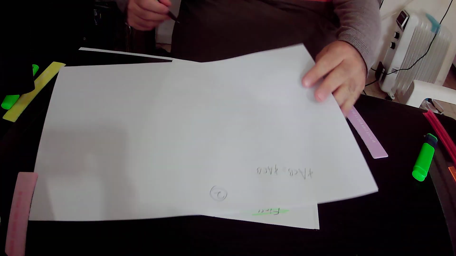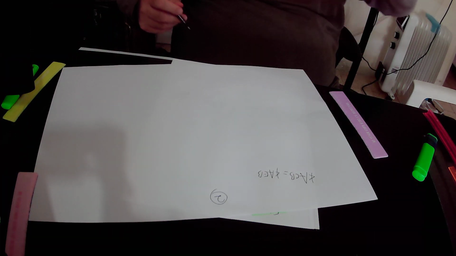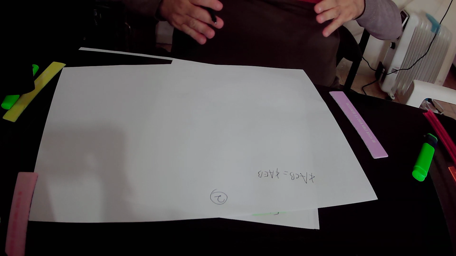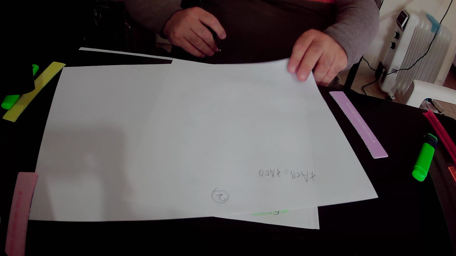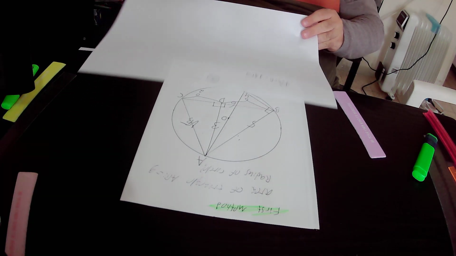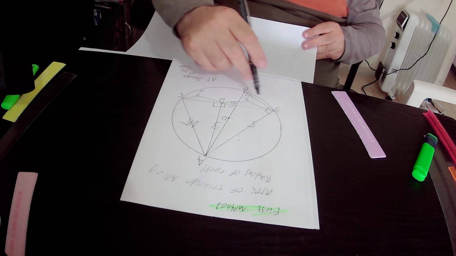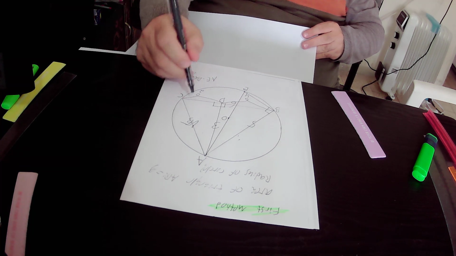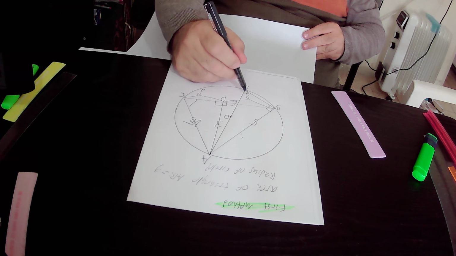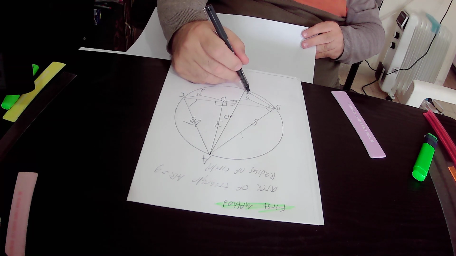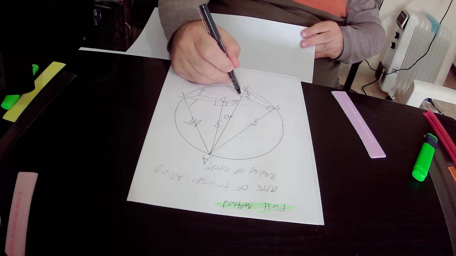I'll repeat again, angle ACB equals angle AEB because those two angles are peripheral angles resting on the same chord, therefore they must be equal to each other in size. Okay? So angle ACB must be equal to angle AEB.